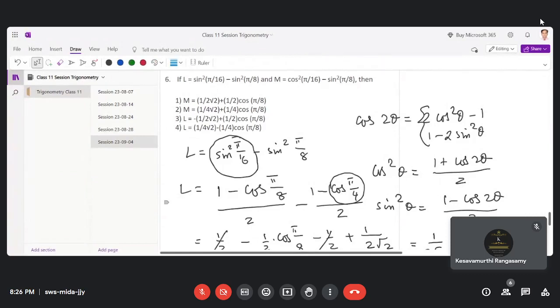Sir, 1 by 2 root 2 plus half cos pi by 8, sir. Okay, so that option is given for M, right? Option number 1. Yes, sir. You're getting it. Very good. I think that should be the answer.